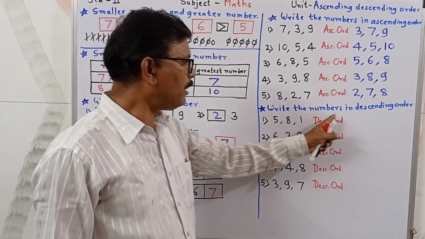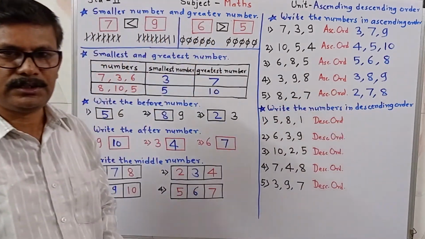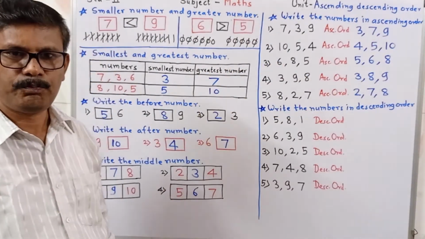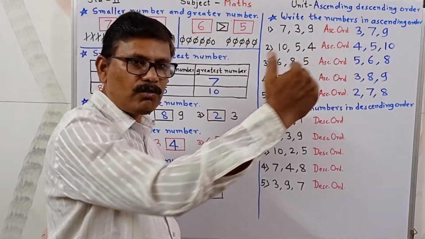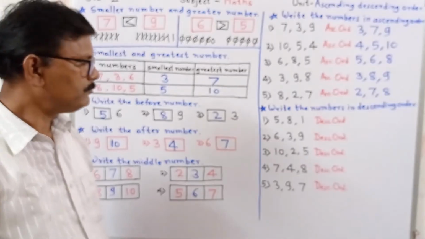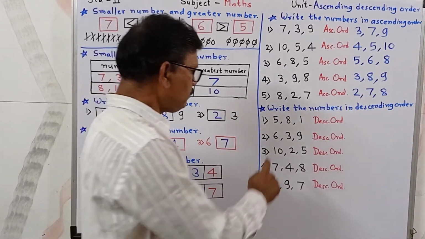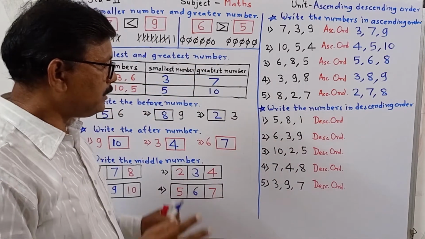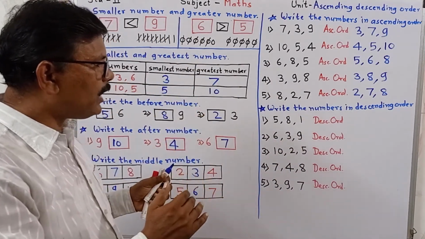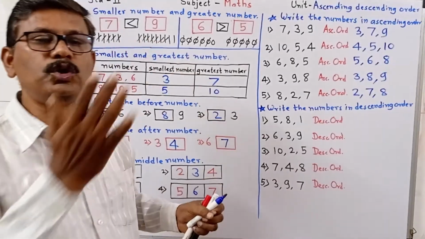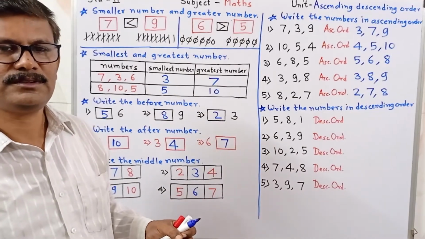Now write the numbers in descending order. Descending order means downstairs. We walk downstairs. So listen here. The descending order is to write from greatest to smallest.